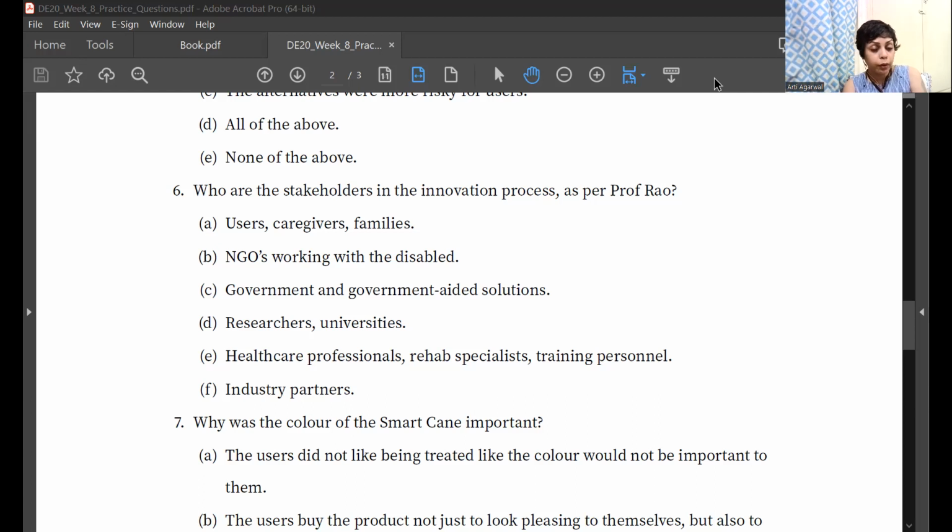you need to make them a part of your innovation process. For example, I'm thinking out of the top of my head here, but in a product like a smart cane, if you want to sort of subsidize the product, you need to convince the government and the government aided agencies that this is something which is actually going to really help that particular user group, and it's worthwhile for the government to fund you or to provide a subsidy on that particular product.